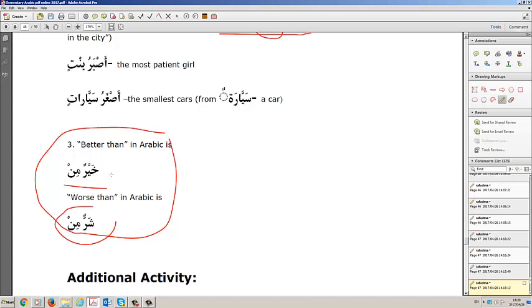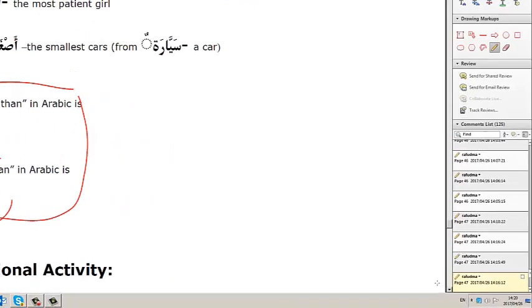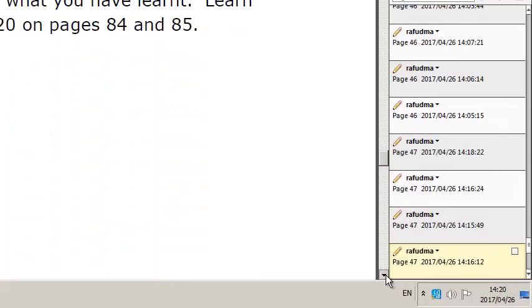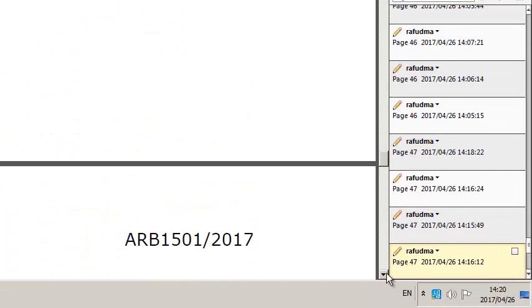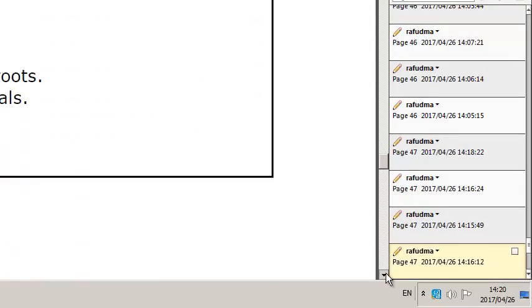Okay, huwa khayrun minni, huwa khayrun min akhi, he's better than his brother, and so on. So that is the superlative and the comparative.